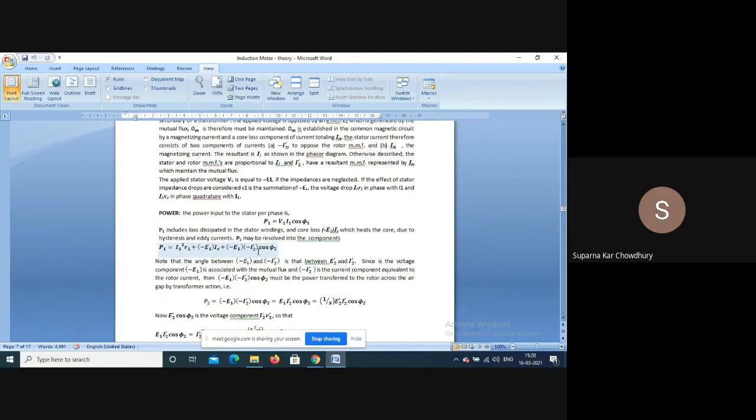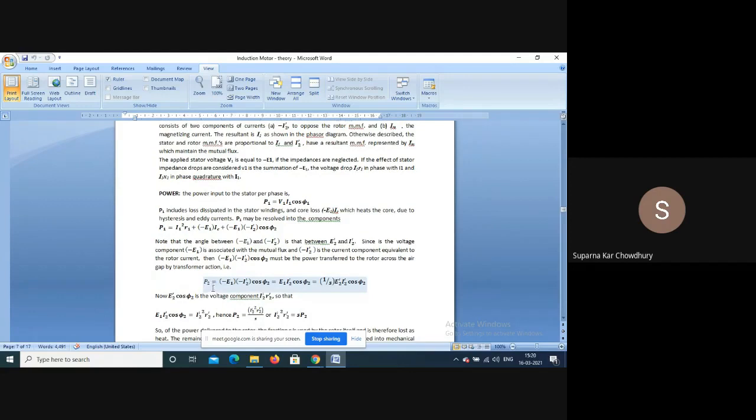So the rest of this amount of power is transferred to the secondary, or transferred to the rotor. The power transferred to the rotor P2, if we define it, all these quantities are per phase quantities, is minus E1 minus I2 dash cos phi 2, that is E1 I2 dash cos phi 2.